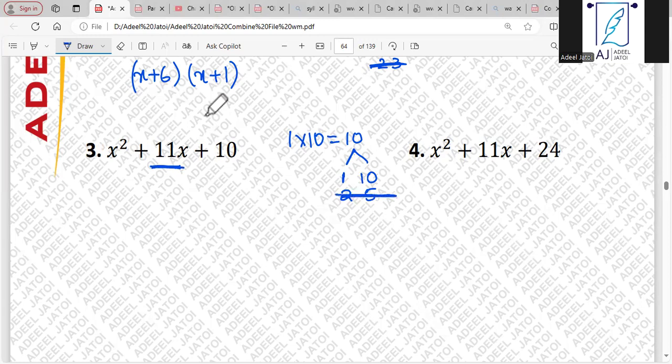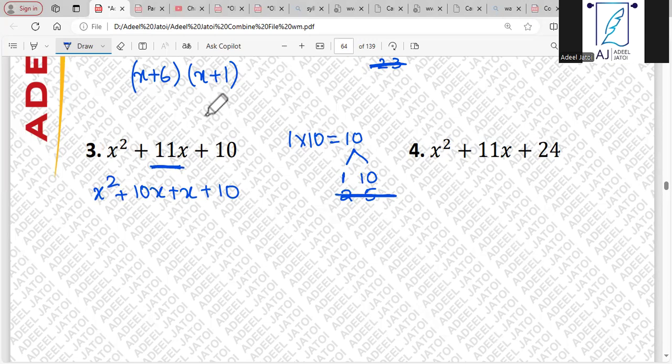But obviously, 1 plus 10 will give me 11, right? So this should be x square, and 11x we can take as 10x plus x, plus 10. We broke the middle term into two different values. The first and the last value are the same.